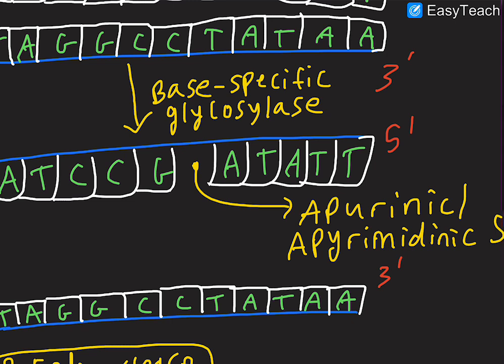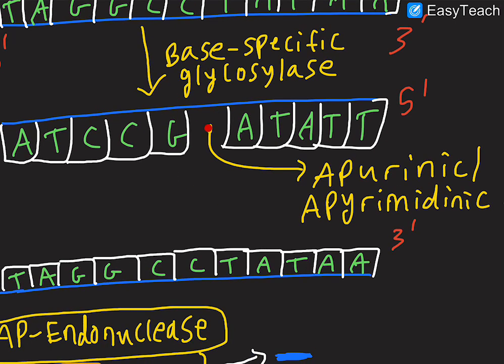So that's why it just leaves you with an AP site. In this case, let's say this wasn't guanine and it was, I don't know, thymine, and we cut this out, then that would be an apyrimidinic site because we just removed a pyrimidine. So we make an AP site after the base-specific glycosylase comes in and cuts the base out, the base we need to replace.